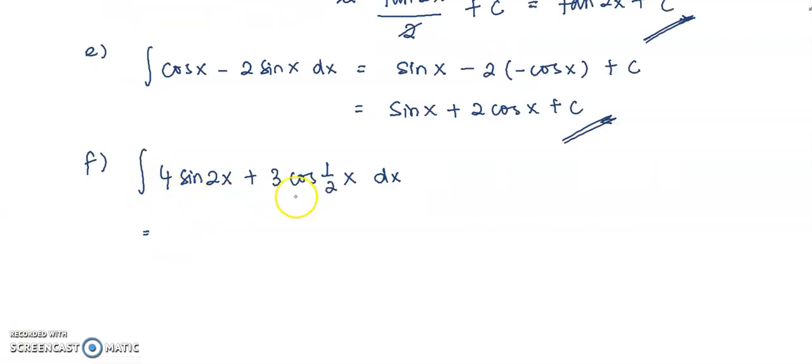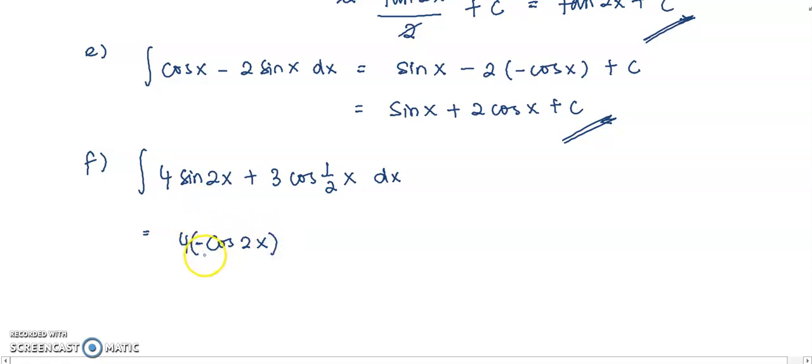Example F, I have 2 terms, similar to question E. Firstly, to integrate the first term, just copy down the coefficient, that is 4. Then integrating sine, you have negative cos, cos 2x. Meaning that you will have a negative cos 2x now.